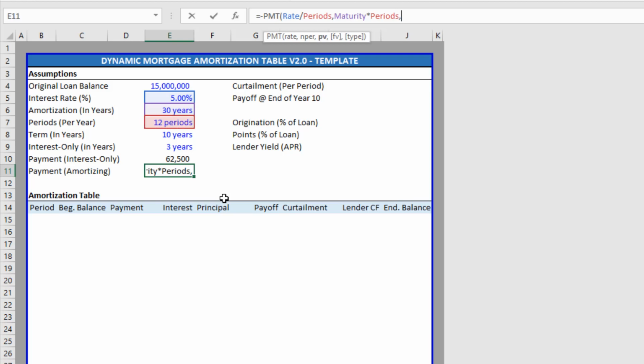Next, it asks for the present value, and that's the loan balance as of today. So we come up here to loan balance, hit enter, and the amortizing payment, there are 12 $80,523 payments each year.